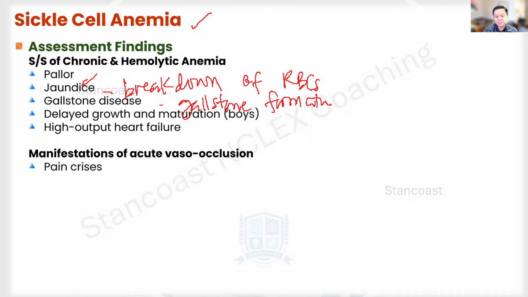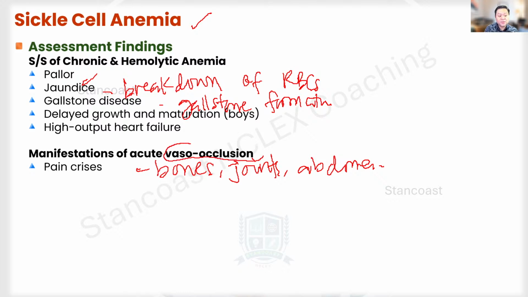And of course, this can affect the bones, the joints, and also the abdomen. And it is caused by, again, the blockage of the red blood cells that are clumping together with that classic sickle appearance. They're going to block the blood flow, and this can cause so many problems.